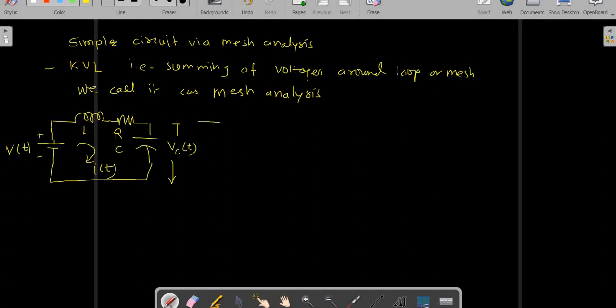Now our objective here is to get the output voltage Vc of s divided by V of s. This is a transfer function. In our case, Laplace transform of the output divided by Laplace transform of the input. This is our input. This is output. Our objective is to get this transfer function.